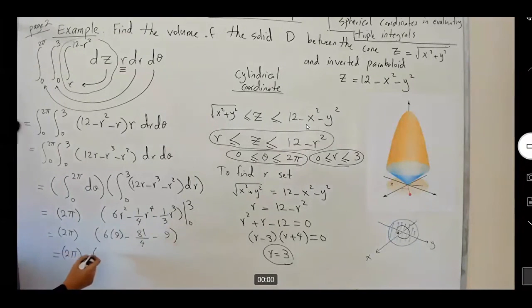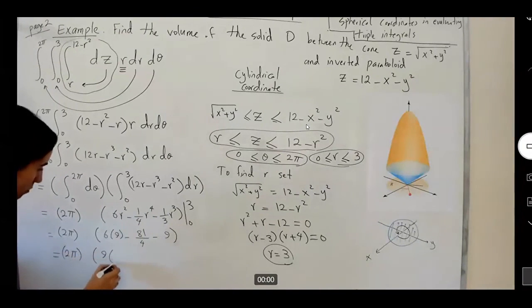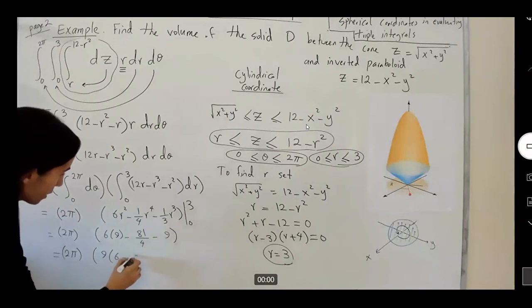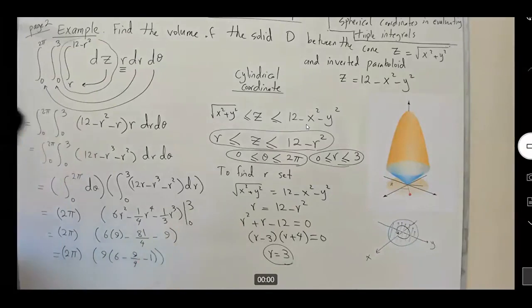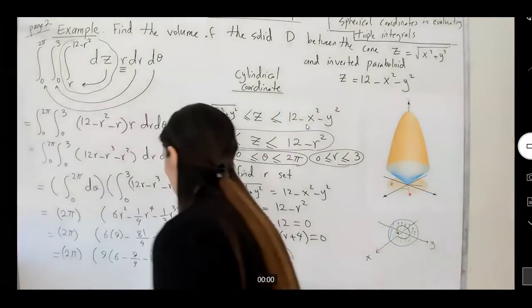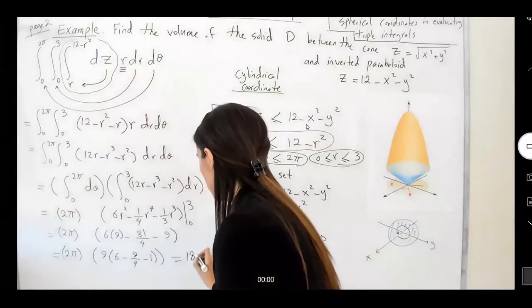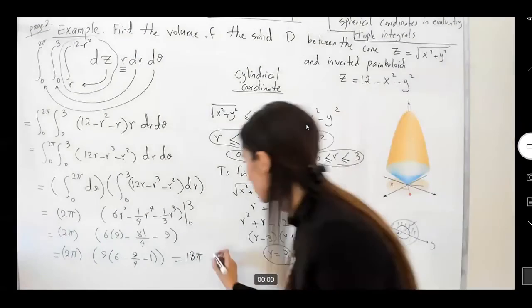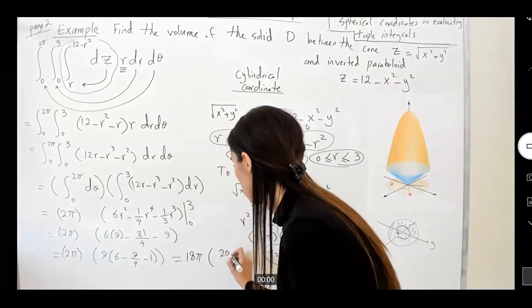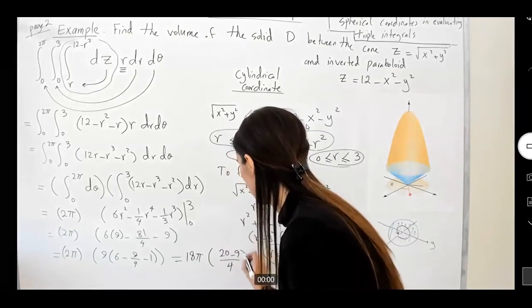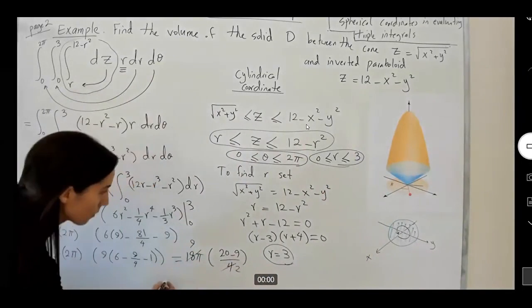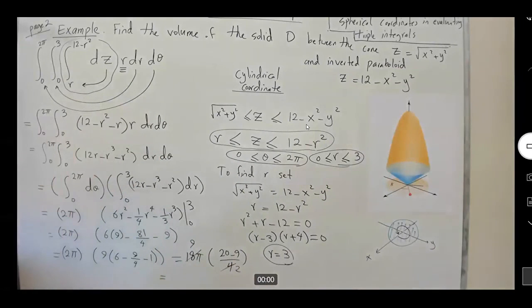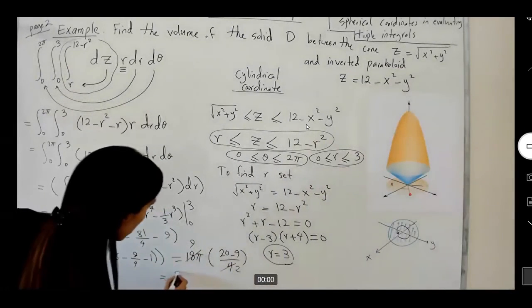If I factor out 9, I get 6 minus 9 fourths minus 1 third. So far I have 18 pi times 20 minus 9 divided by 4. So here I have 99 pi.